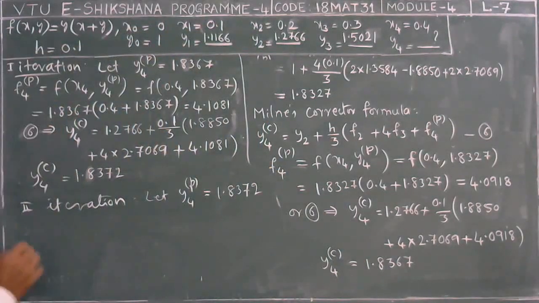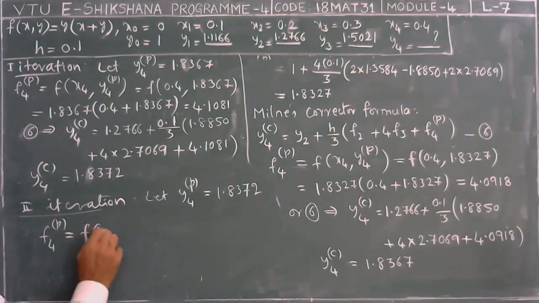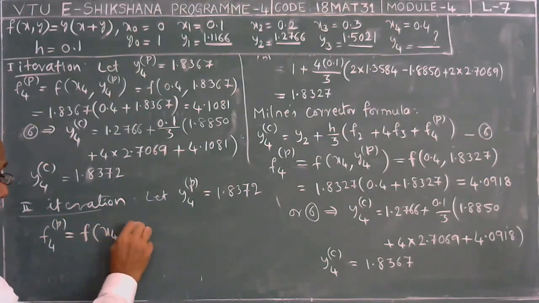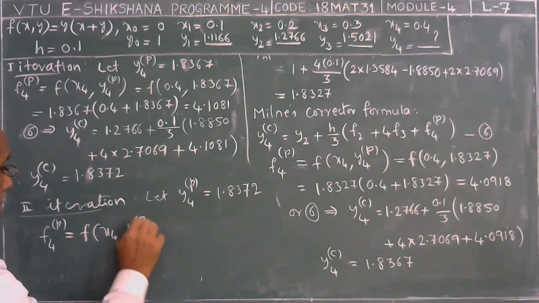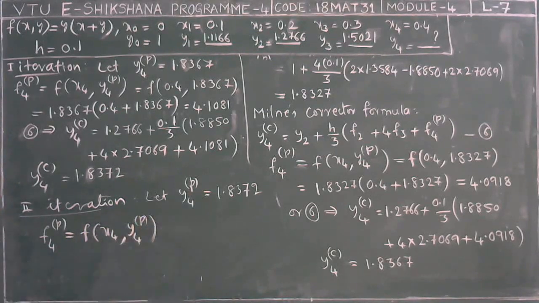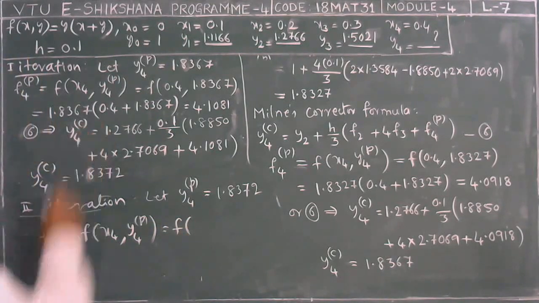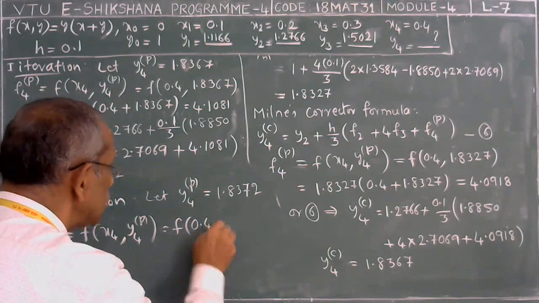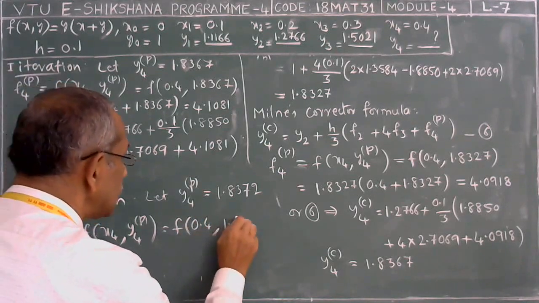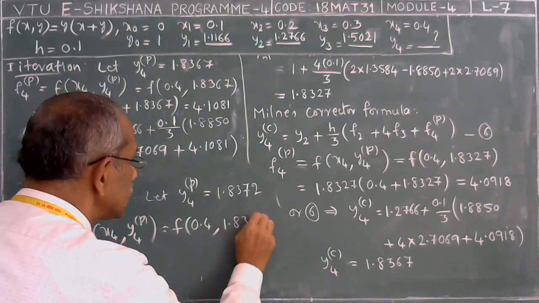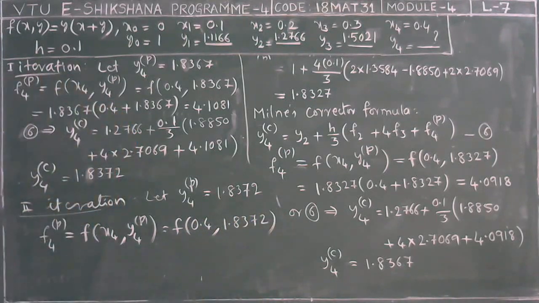Now calculate f4p. f4p is equal to f of x4 comma y4p, so f of 0.4 comma 1.8372.